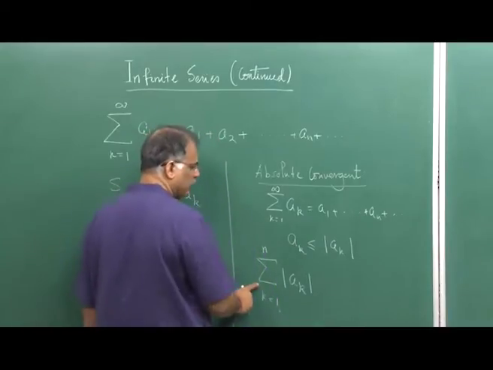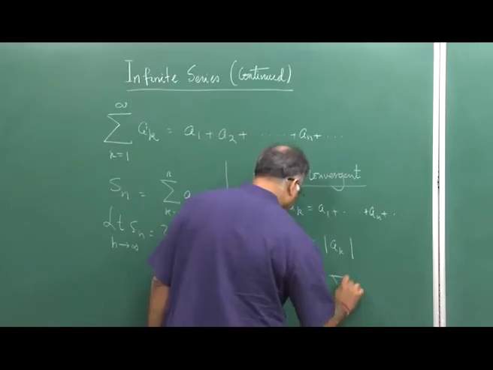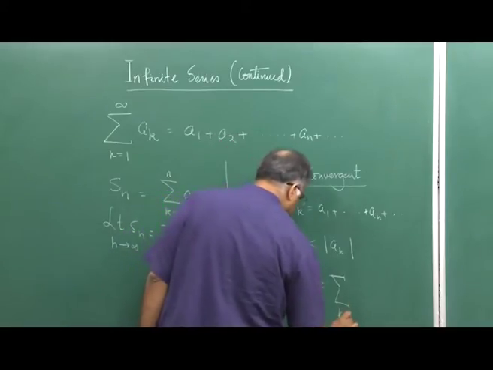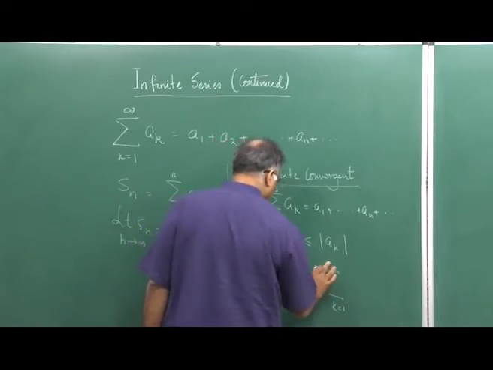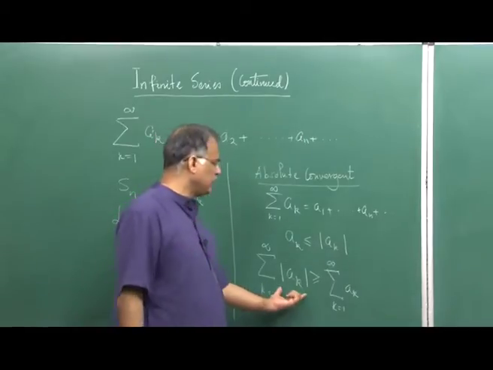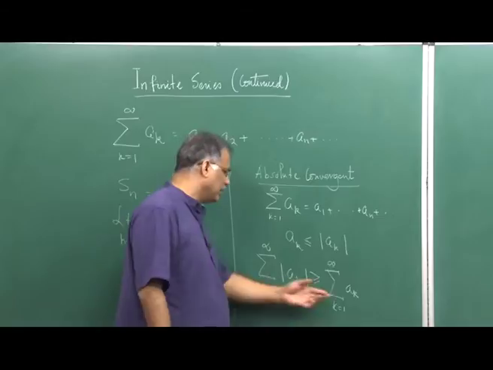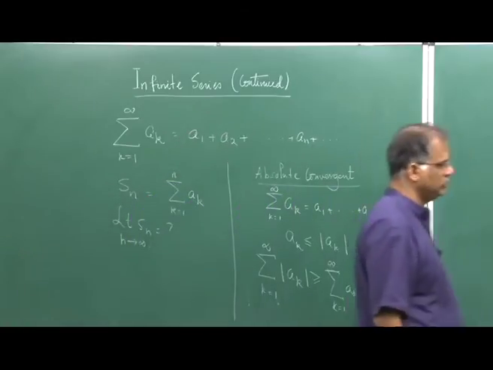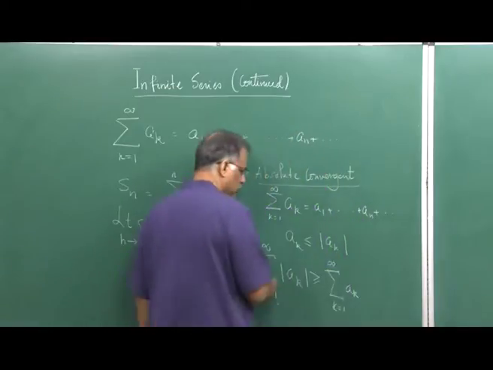Now suppose this converges. So for any nth partial sum, if this series converges, that is, it has some number as a sum, then this series will also converge and have a sum, because it can't just blow up, right.